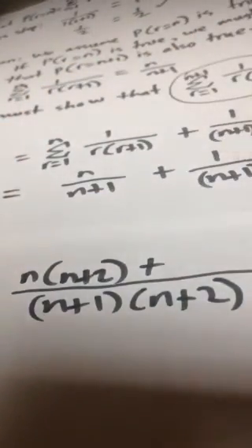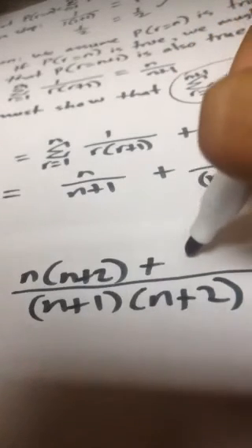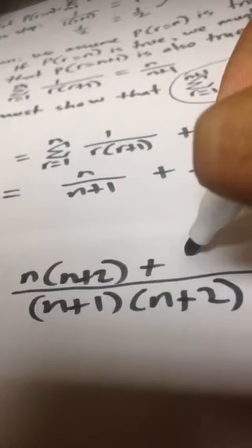Good. Now n plus 1 goes into n plus 1 by n plus 2, n plus 2 times, and then we multiply by n. So this would be n by n plus 2 plus 1 over n plus 1 by n plus 2 is already over the common denominator, so that's just going to be 1.